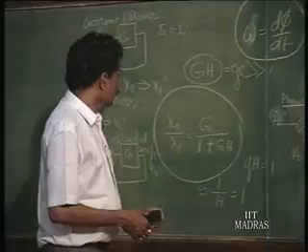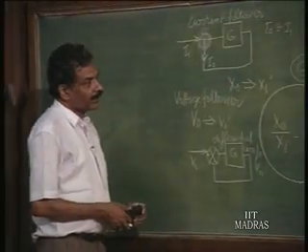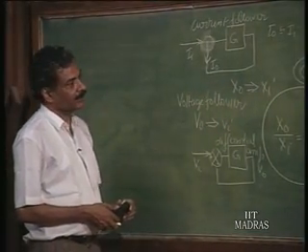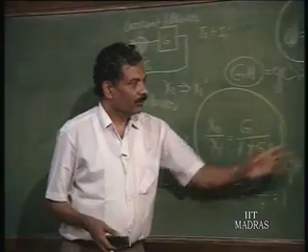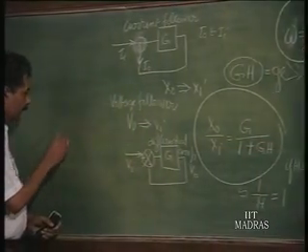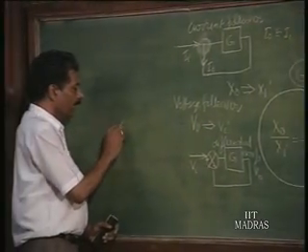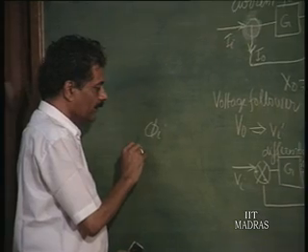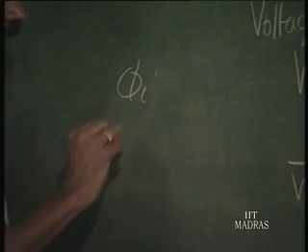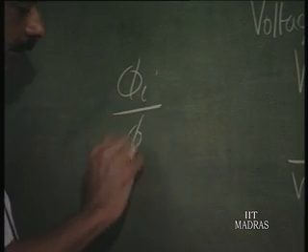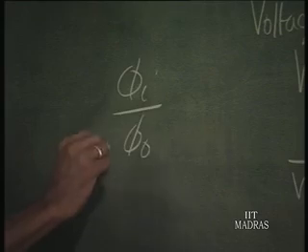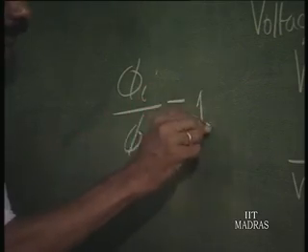So, if we now try to analyze this for the phase, what will we get? If phi I changes, phi naught will follow it, so phi naught by phi I should be equal to 1, because that is what we have been telling all throughout.